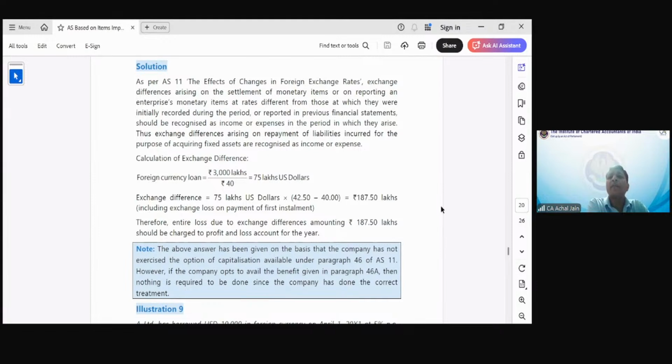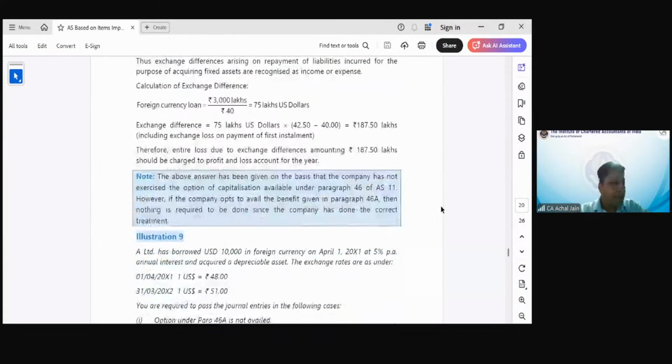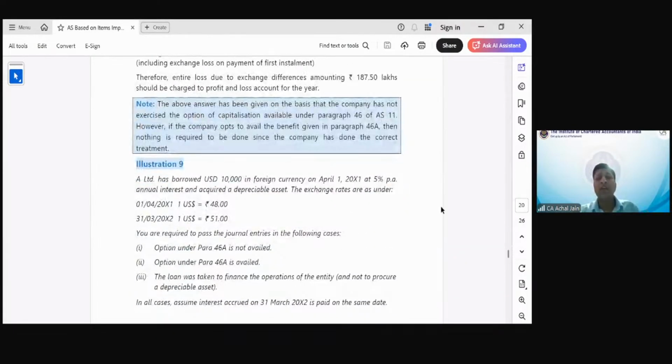This loss would have got capitalized. In this particular solution, we have not applied this requirement. The idea is just to make you understand that this loss goes to P&L. Now in this particular example, we are going to apply the same thing. Para 46, 46A.